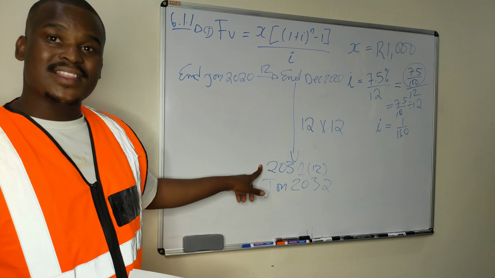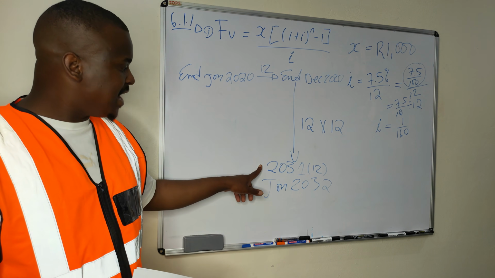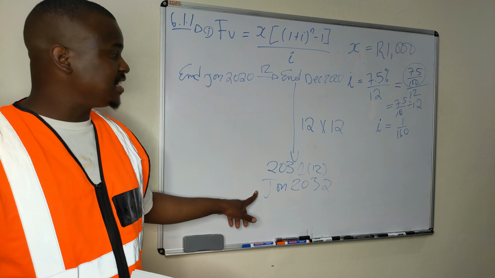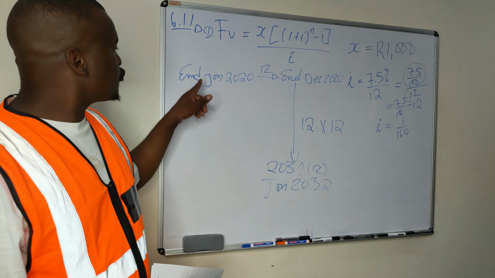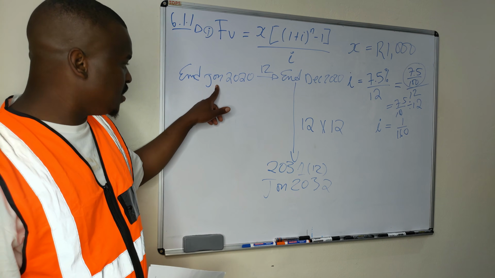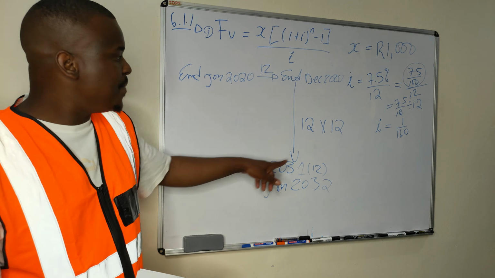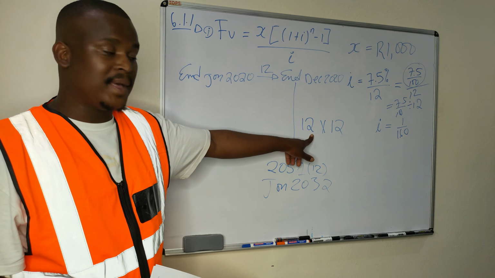But this is not where they ended the payments. They ended making the payments at the end of January 2032. That means from the end of January 2020 to the end of December 2031, they made 144 payments.